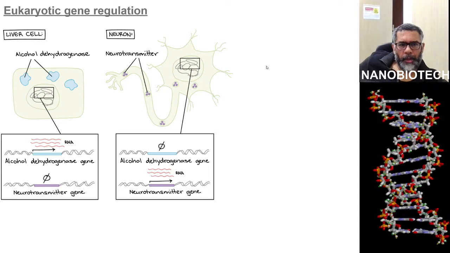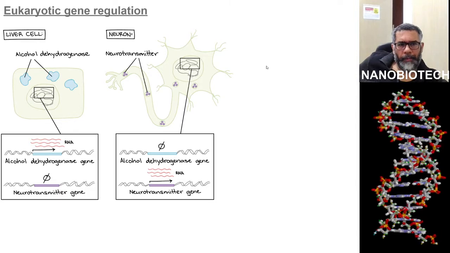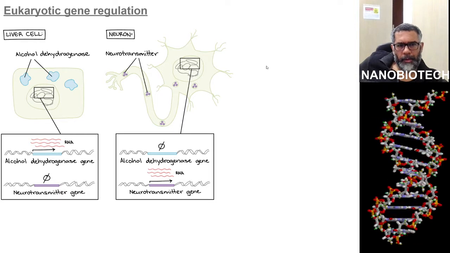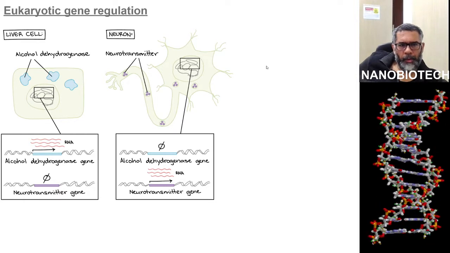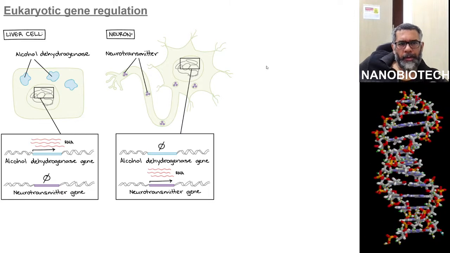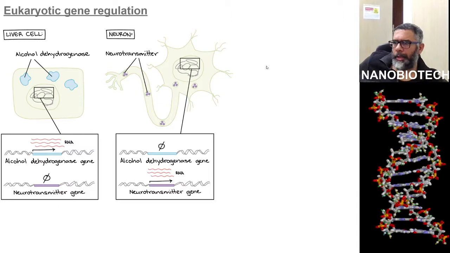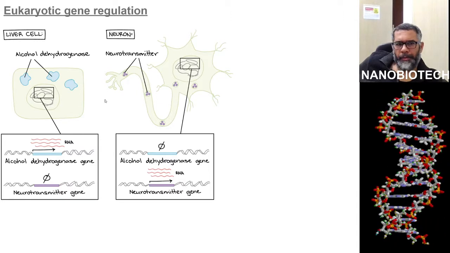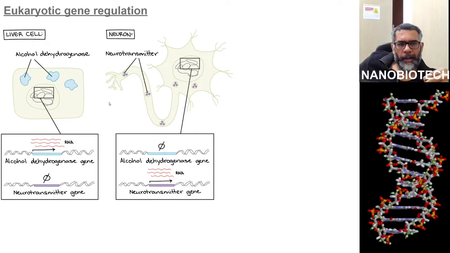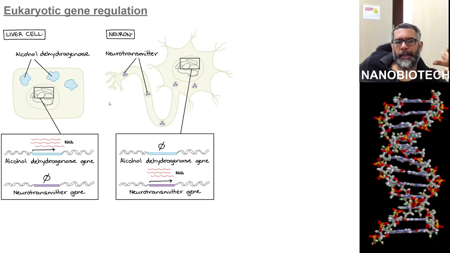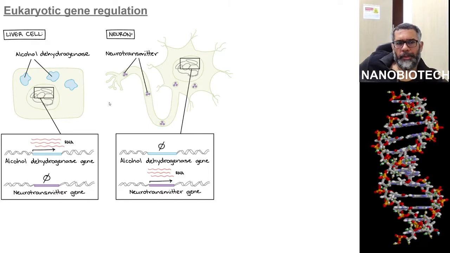So, what is the question? Why is that so? The answer is different gene regulation. These genes are contained in all different kinds of cells, but they have different regulations. So this is gene regulation.